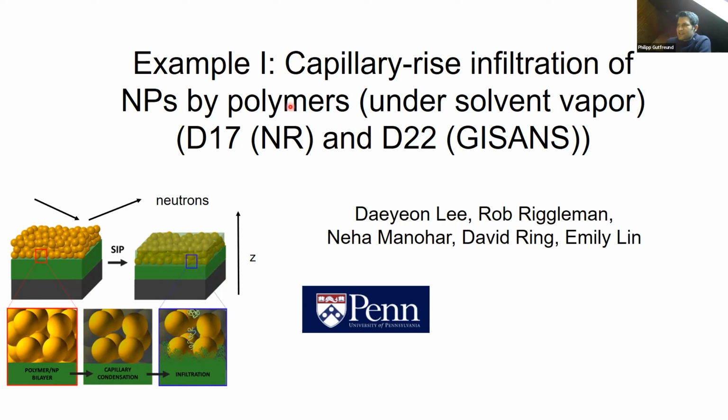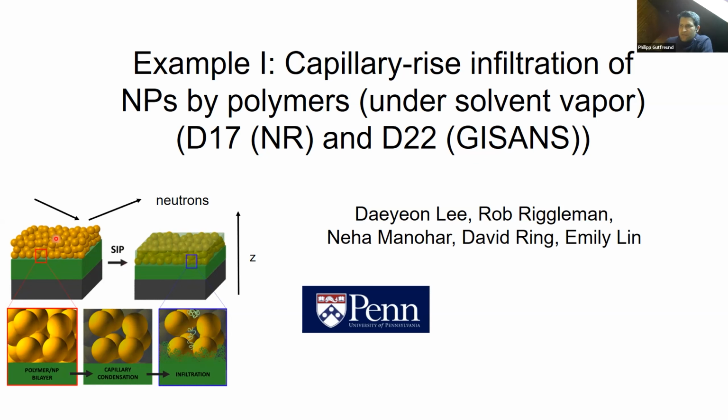And this example is about capillary infiltration, as David introduced already, but this time it's to produce a nanoparticle polymer composite with a very high loading of nanoparticles. And this then falls, I think, within the water purification part of REACT, with the aim of making membranes.